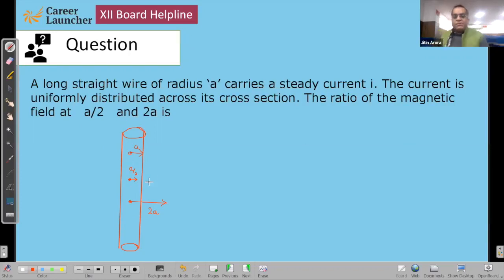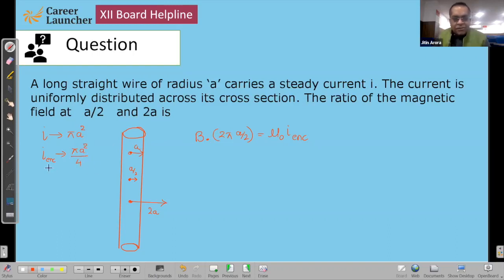तो अब अगर इस केस में हम बच्चों देखें, so A by 2 is inside, so magnetic field dot 2 pi A by 2, this is B dot dl, is equal to mu naught times I enclosed. So we know that I is the current through an area equal to pi A square. So if I have to find the current enclosed inside, it is equal to the current in an area pi A square by 4.